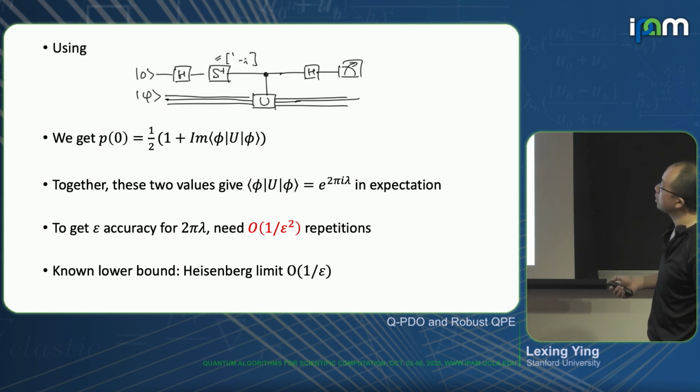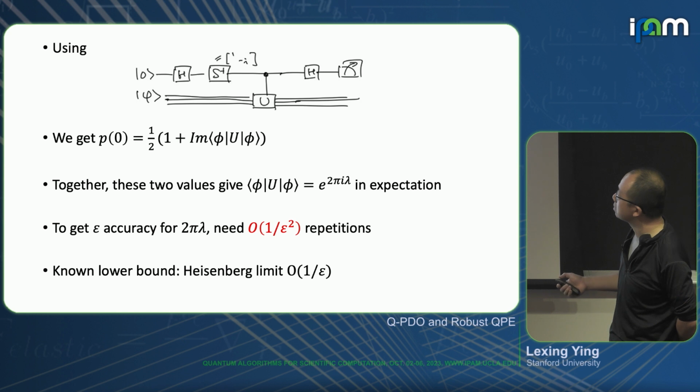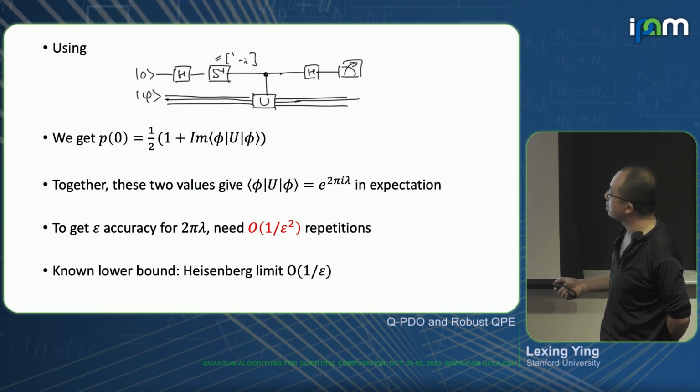You can use a slightly different circuit which uses the adjoint of the S gate, and instead of the real part you will get the imaginary part. Again, to get the imaginary part accurately you need order 1 over epsilon squared repetitions, and this gives a way to do the estimation of the phase lambda.